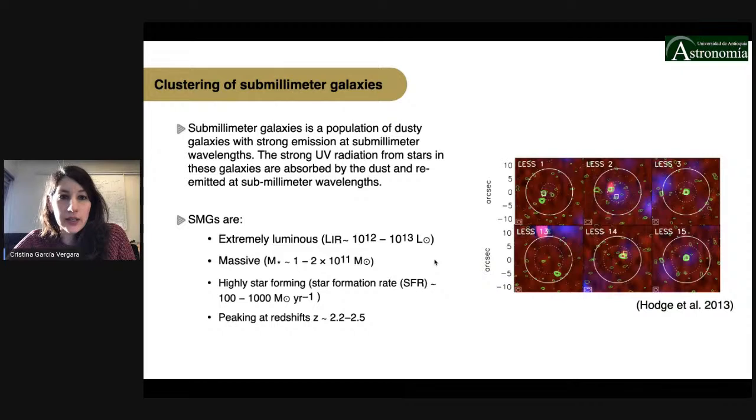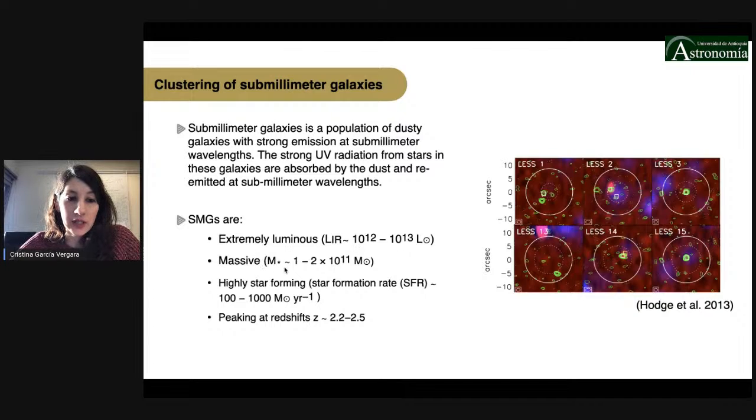And the reason for that is that they have a high star formation rate, and they have strong UV radiation from the stars in those galaxies, and this radiation is absorbed by the dust in the galaxy, and the dust re-emits this energy at sub-millimeter wavelengths. That is the reason why they are so bright at sub-millimeter wavelengths. And in general, they are very luminous sources.